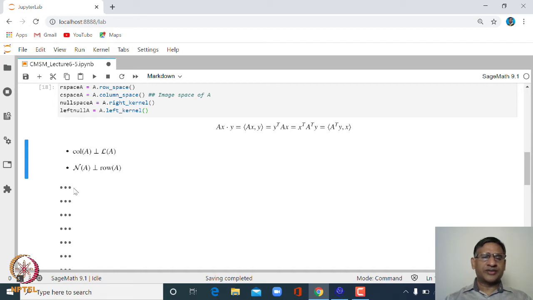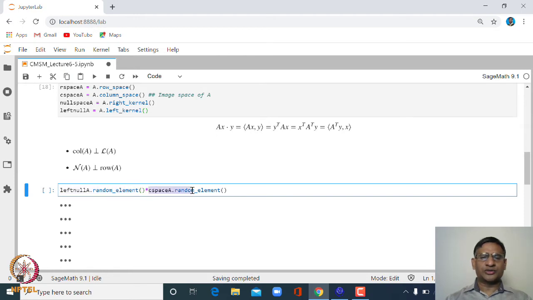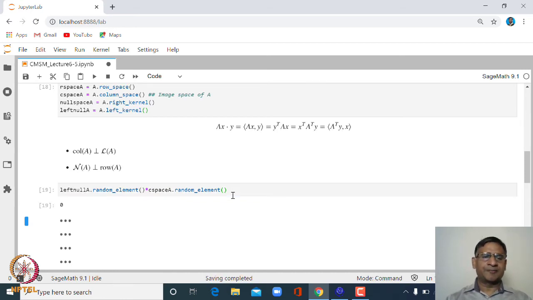In order to verify this, we can just take a random element in the null space of A and a random element in the column space of A, and multiply these two, which is the same as taking the dot product of these two, and then see whether we are getting 0. If you run it once more, you will always get 0, or you can take some arbitrary vector and try it out.